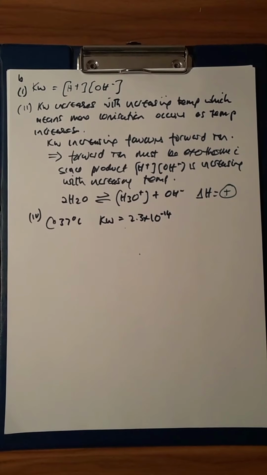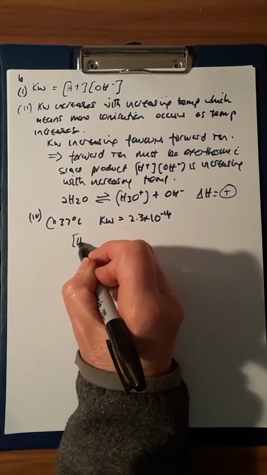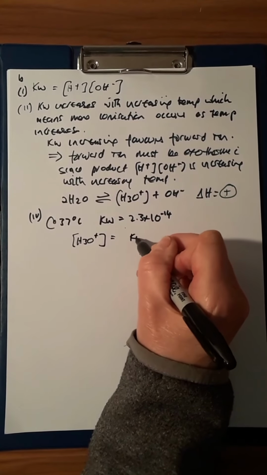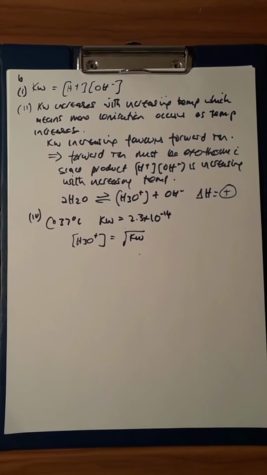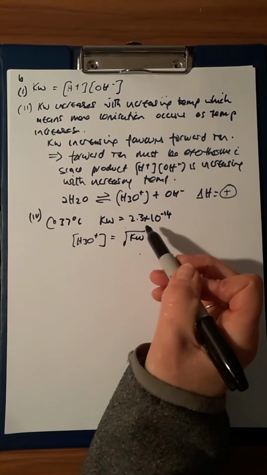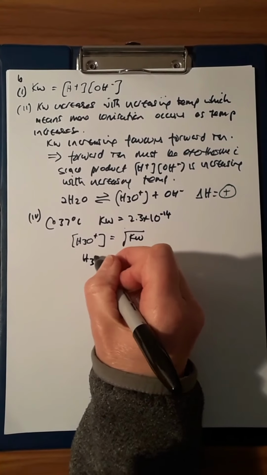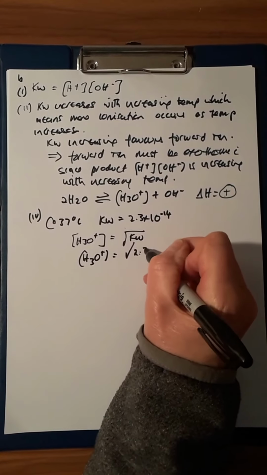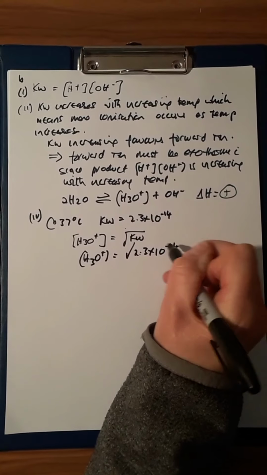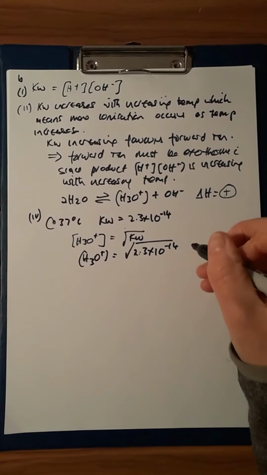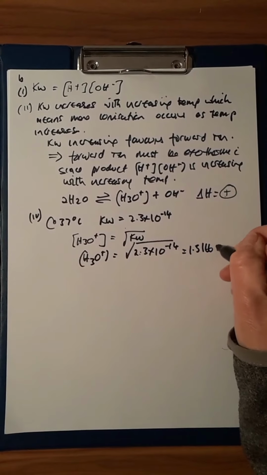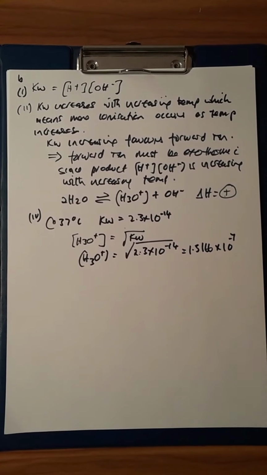Now remember what we know from today's work, that the H3O plus concentration is equal to the square root of the Kw. So we've read off the Kw, which means that the H3O plus concentration must be the square root of 2.3 by 10 to the minus 14. And when I put that into the calculator, I get 1.5166 by 10 to the minus 7.